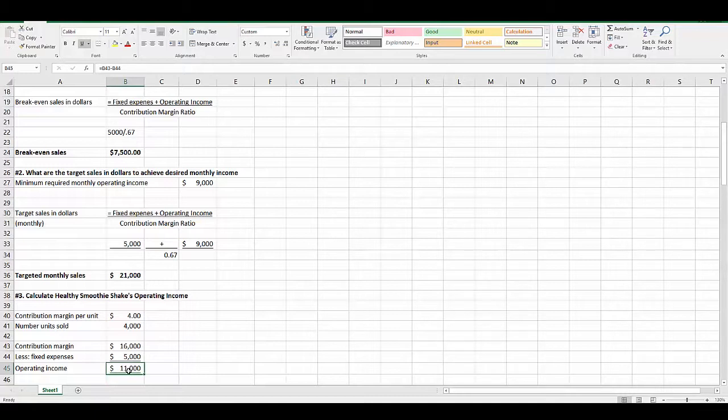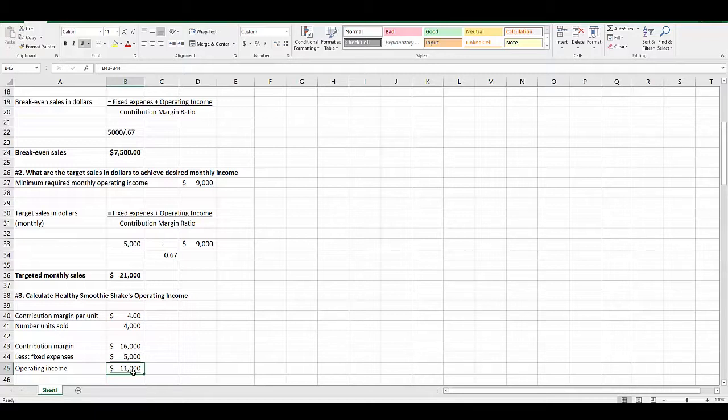Now it's important to distinguish between managerial accounting and financial accounting. When you're preparing your financial statements under financial accounting and you're going to issue them in an annual report, you wouldn't use this method. You would come up with the same income, but you would have to use your full income statement format.